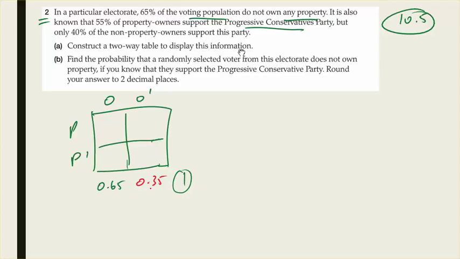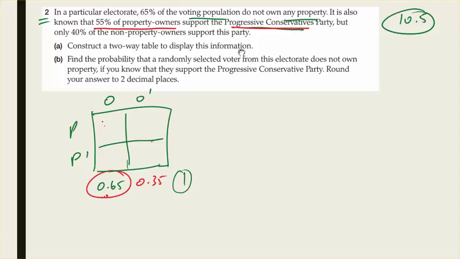Now this is the tricky part, to read the other section. It is also known that 55% of property owners support the Progressive Conservatives Party. So of the people that own property, only 55% of this number support the party.